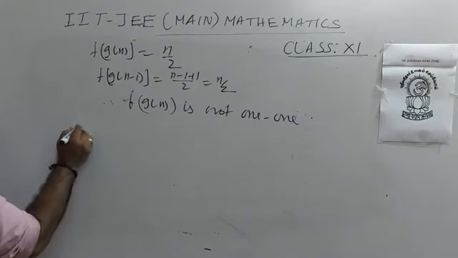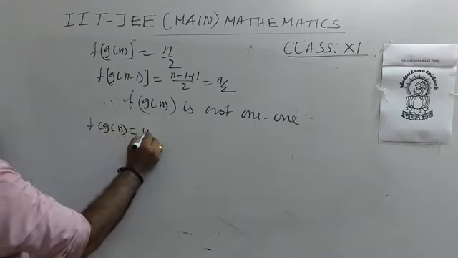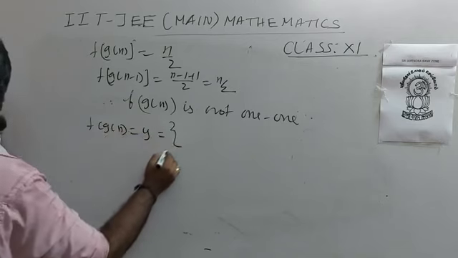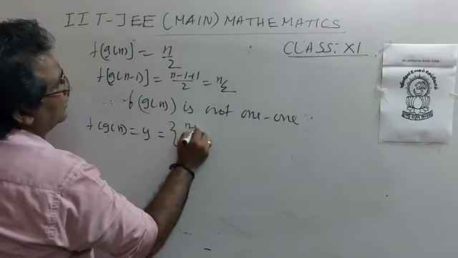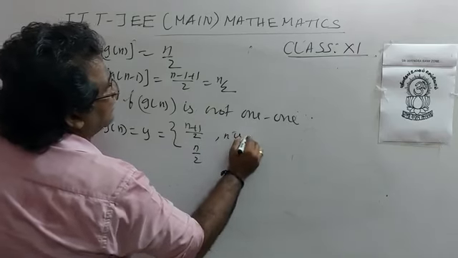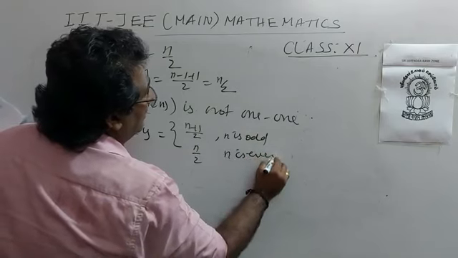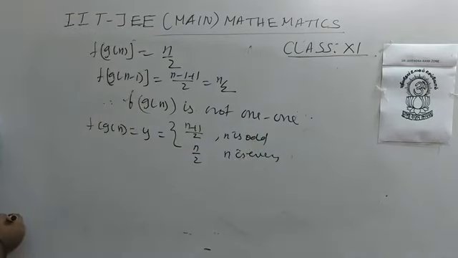Let f of g of n equal to y equal to (n plus 1) by 2 when n is odd, n by 2 when n is even.